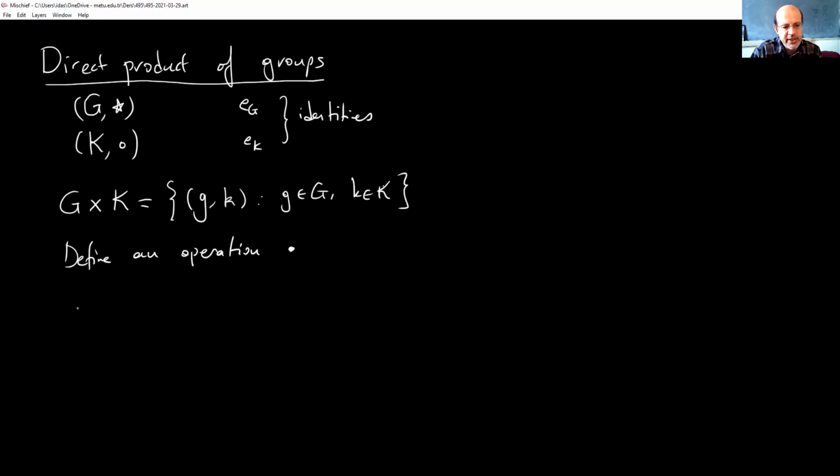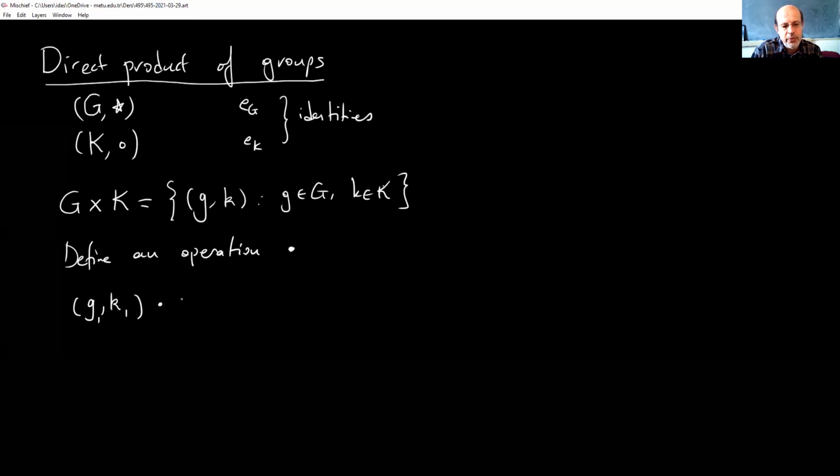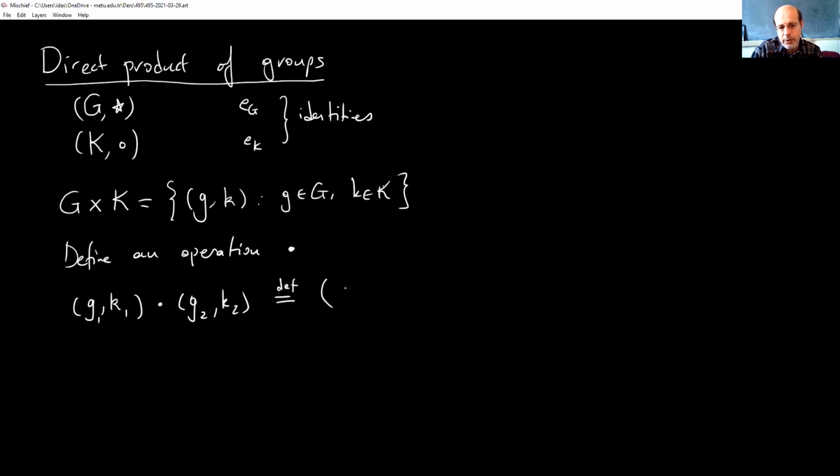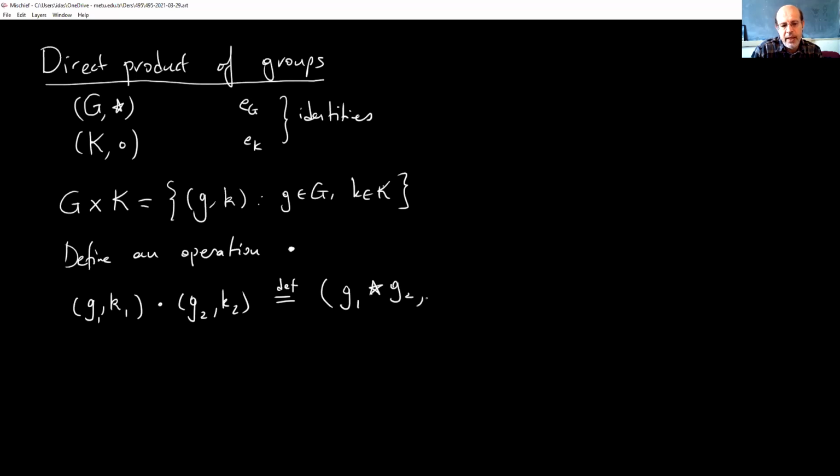If I take an element from this set, let's say (G1, K1), the operation of this element with another element from the set, (G2, K2), is defined as the two-tuple formed from G1 star G2 and K1 O K2.